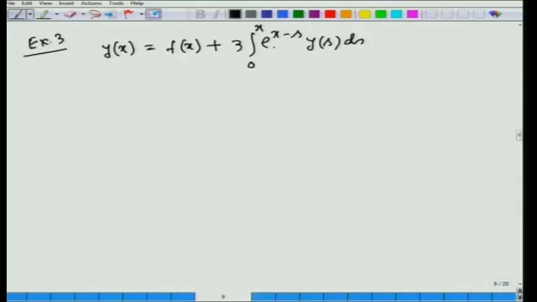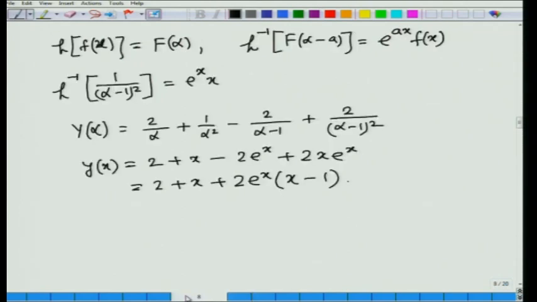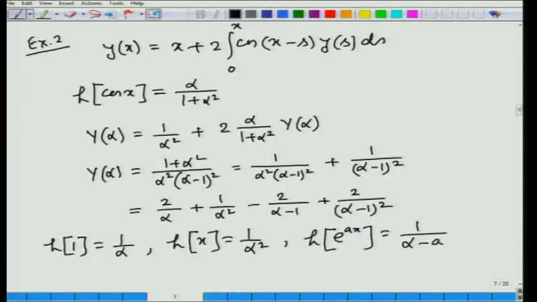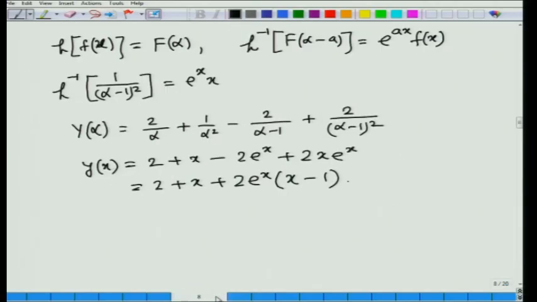So, here e to the power (x minus s) is involved. That means the first function f1(x) is e to the power x and the second function is y(s), and already we have noticed that the Laplace transform of e to the power a x is equal to 1 by (alpha minus a). Therefore, the Laplace transform of e to the power x is 1 by (alpha minus 1).